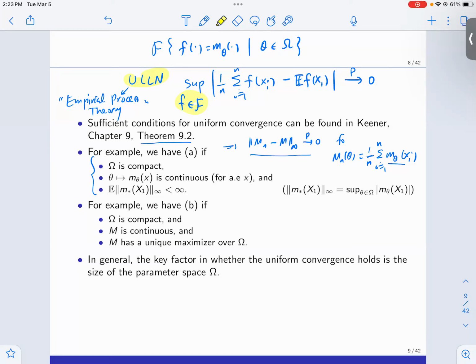Just know these keywords, empirical process theory and uniform law of large numbers. If you search, you can get started on reading, and it's a great area to get yourself familiar with. There are some books on the web page. I think Infinite Dimensional Statistical Models by Nickl and Giné.